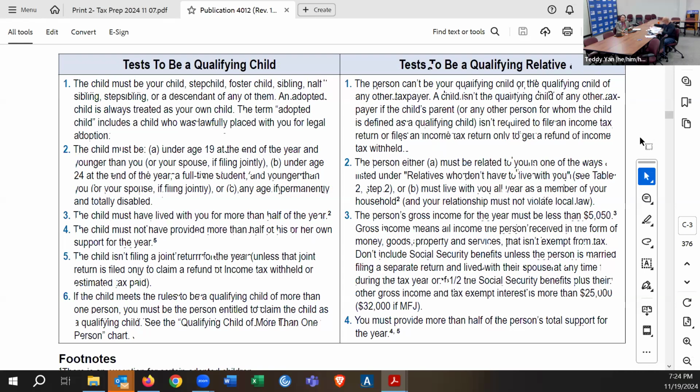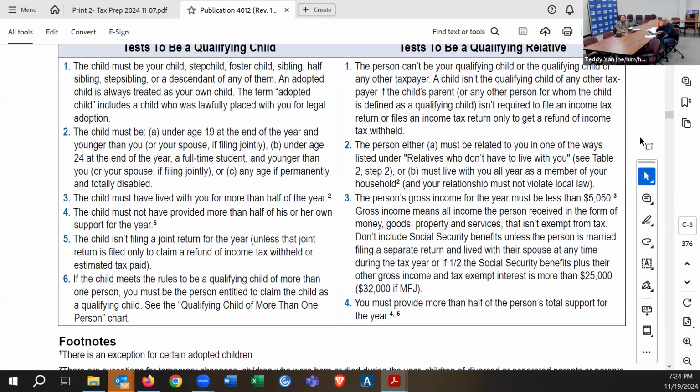Did Daria live with Danny for more than half of the year? Yep, all 12 months, the entire year. Did Daria provide more than half of her own support? No, she did not provide any of her own support. Daria is not filing a joint return, and can Daria pass all of these tests for anyone else?